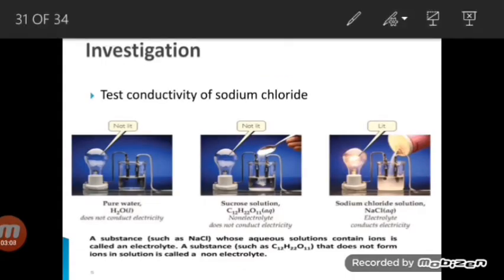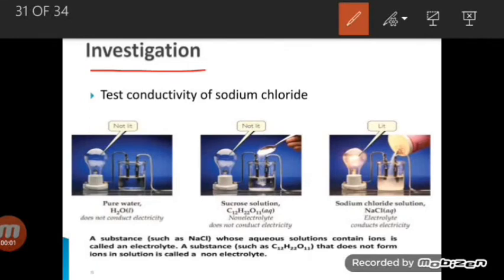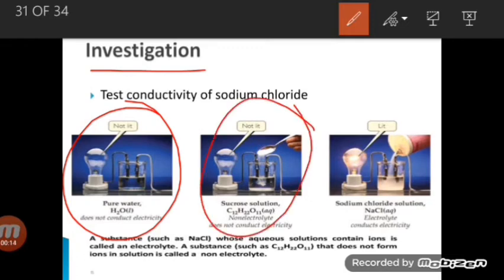In order to understand the conduction of ionic compounds in aqueous or molten states, let's look at this investigation. In this investigation, we are going to test the conductivity of sodium chloride. Here you can see in the first setup, pure water is used, so it will not conduct electricity. Whereas in the second setup, sucrose solution is used.